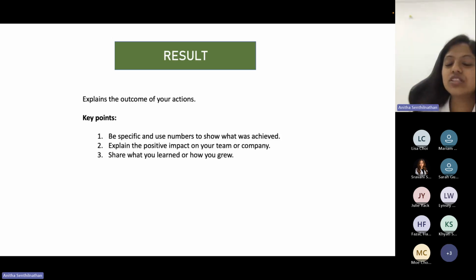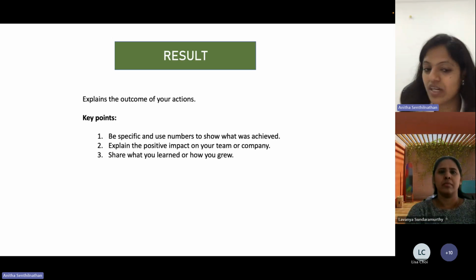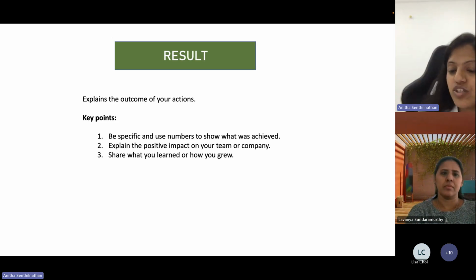Then we move to the result. In the result, the outcome of your action, this is where we explain the quantifying things, like how much percentage has been improved, and the numbers need to be very specific, so that the interviewer will get the authenticity of how we are explaining. They will feel the answers are authentic.